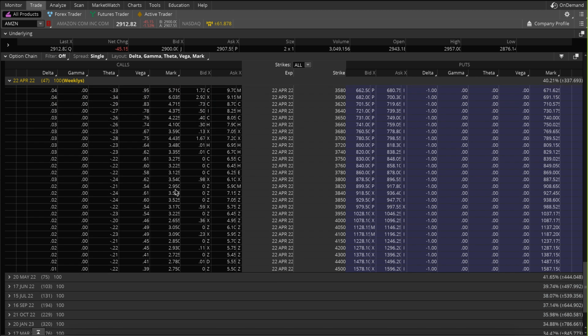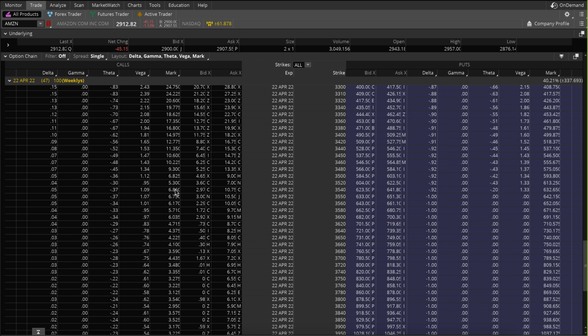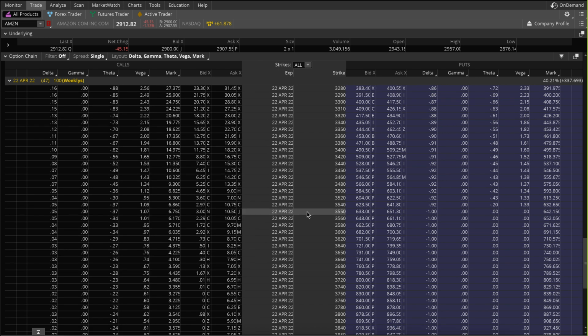Whereas these, since they're so far out of the money, are still a little expensive, but much more affordable. We're talking about the 3,550. This one will cost a little under $700 if you wanted to buy this call option. This one would cost a little under $600.